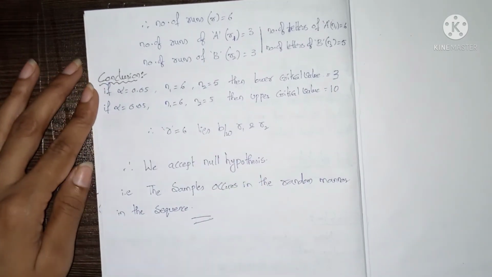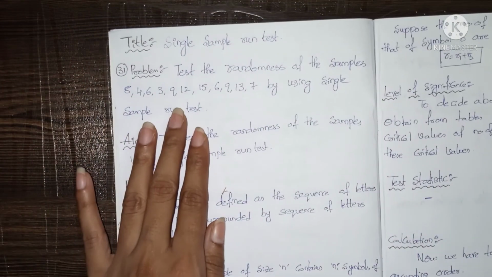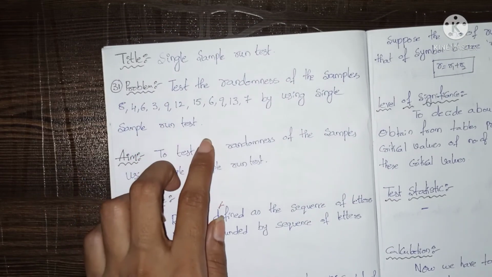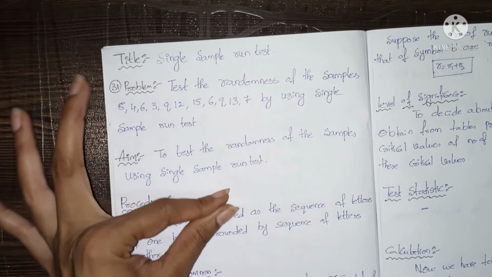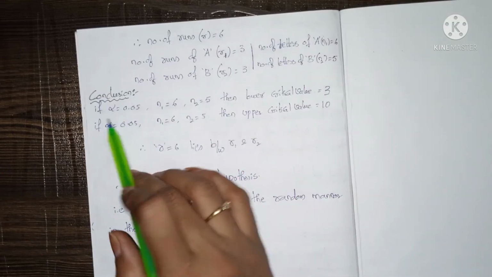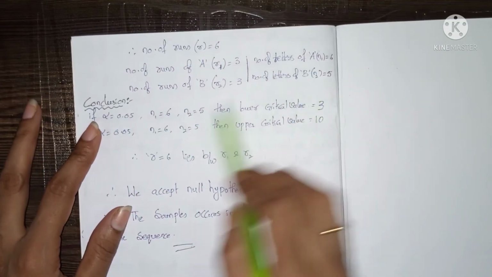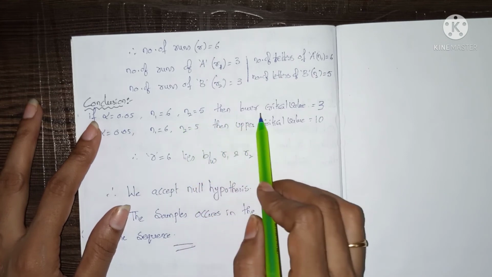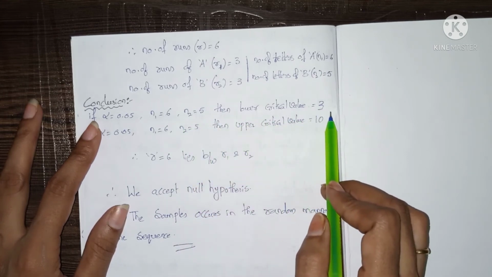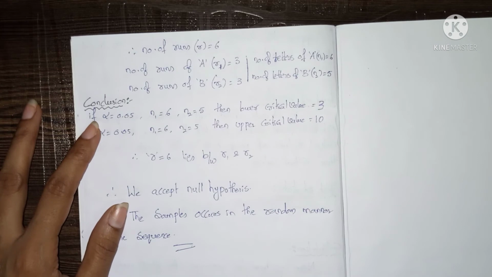Here they did not ask for a particular level of significance. So at that time we have to consider it as 5%. Okay. So if alpha equals 0.05, N1 equals 6, N2 equals 5, then the lower critical value equals 3. I explained how to see the table value in my previous video.